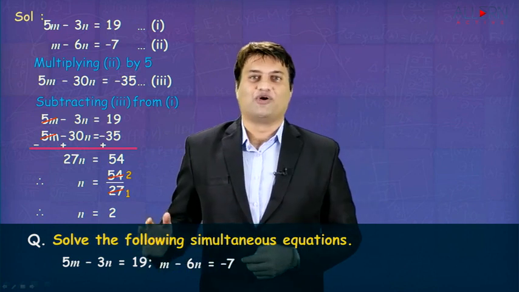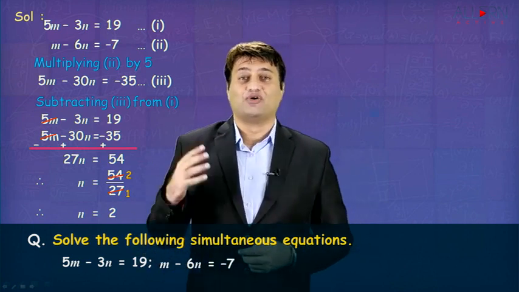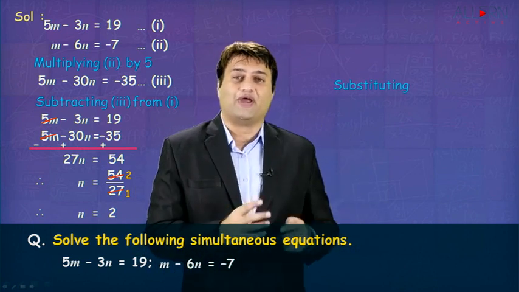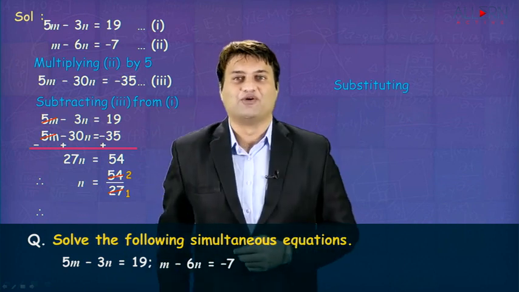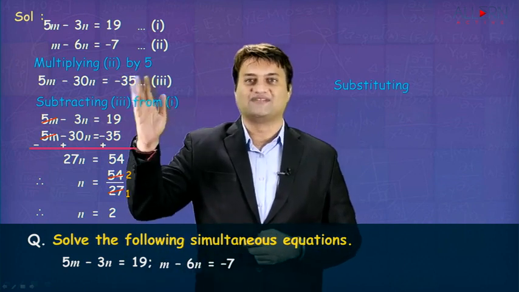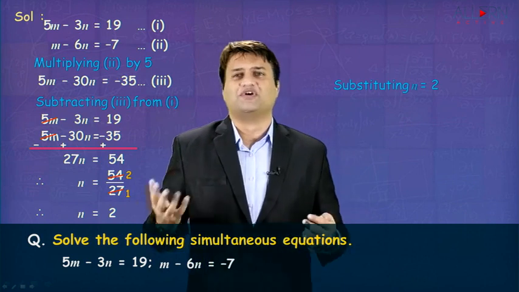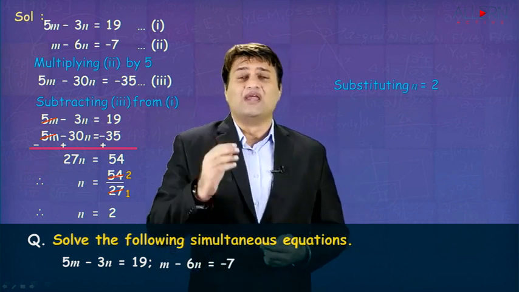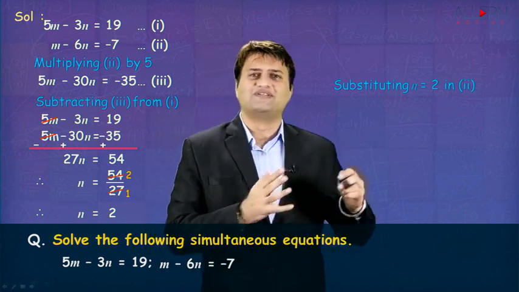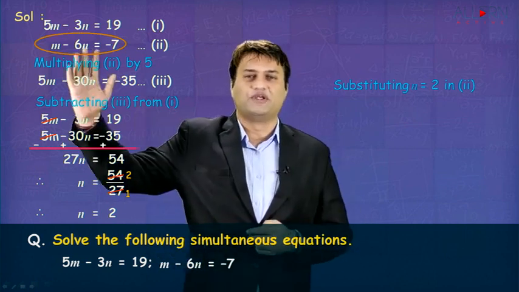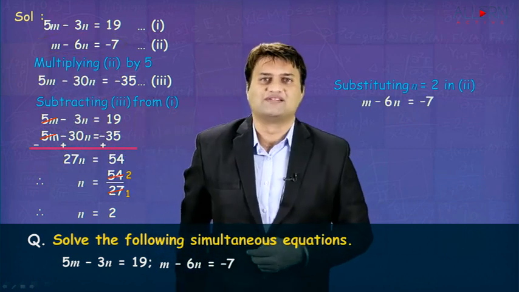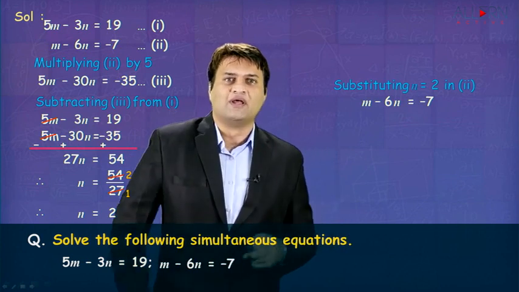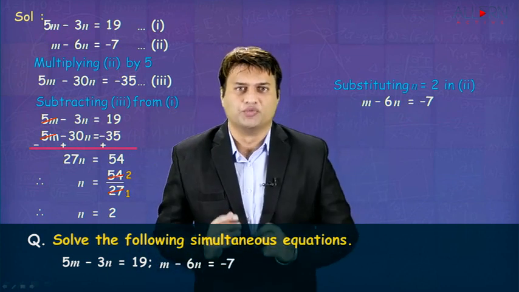Once you get the value of n, now it is time for us to find the value of m, and to find the value of m, we need to substitute the value of n in either the first or the second or the third equation, whichever you feel is easy. If we substitute n is equal to 2 in, say, equation number 2, the equation number 2 is m minus 6n is equal to minus 7. Let us substitute n as 2. What do we get?